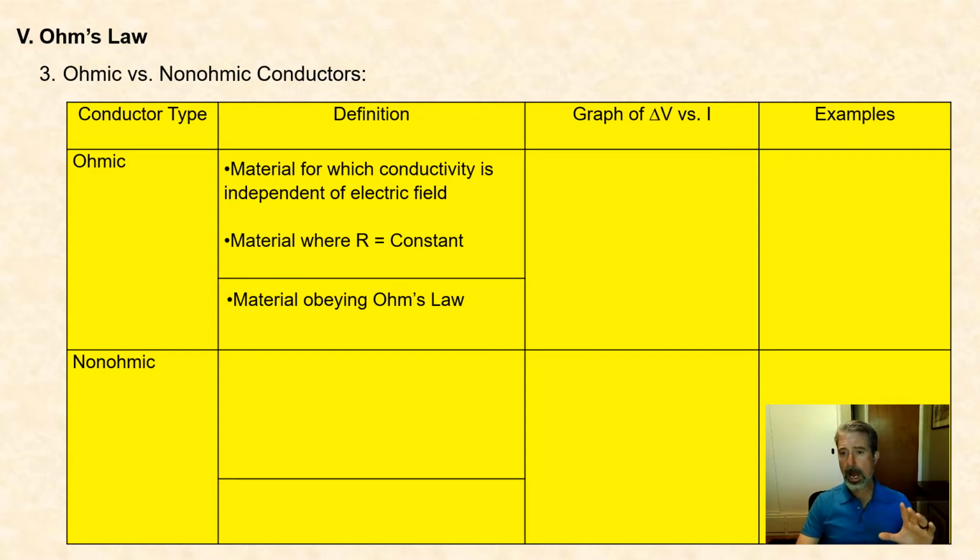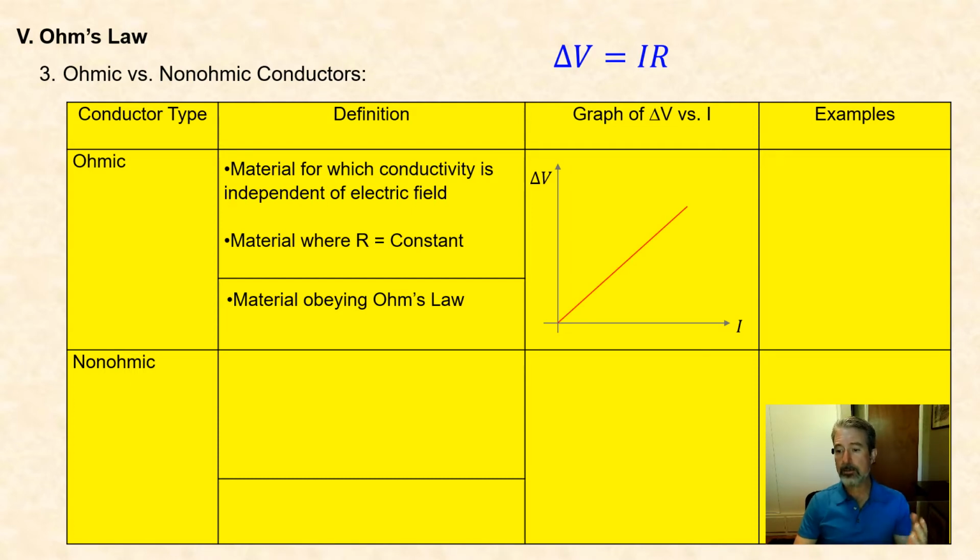When we look at a graph of the potential difference across a piece of this material versus the current in the material, according to Ohm's law, if the resistance is constant, that would tell you that in this graph the slope of the line is constant, that it would be a linear graph, because constant resistance means constant slope, right?